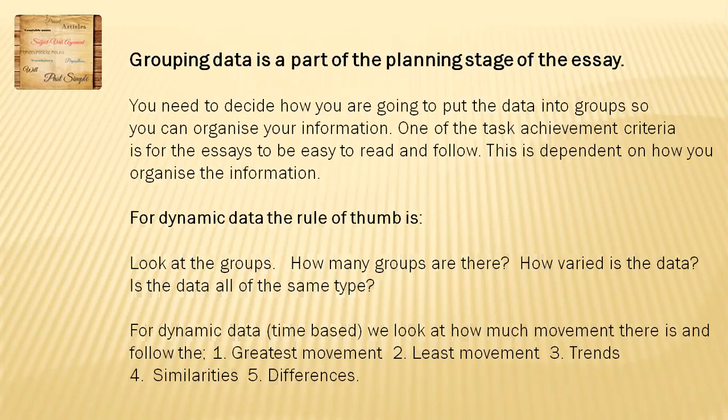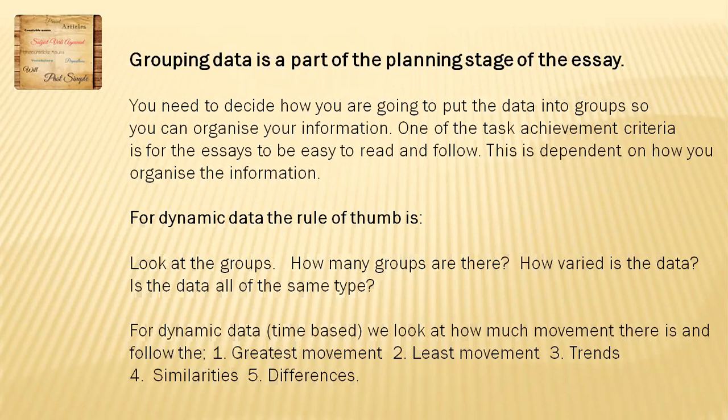So for dynamic data, and as we know, dynamic data talks about time-based data, the rule of thumb is, how many groups are there? How varied is the data? Is the data all of the same type? Of course, look at the groups.